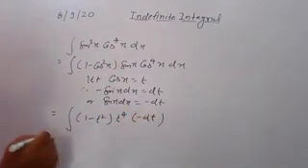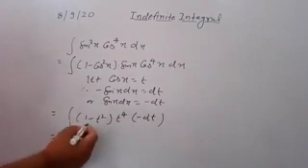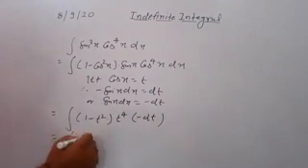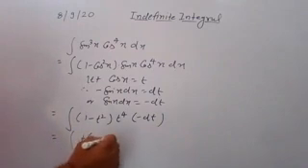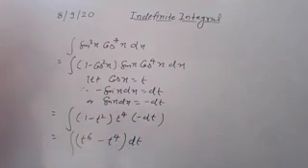Now what you do, here this minus is multiplying within the bracket. So here you have t to the power 6 minus t to the power 4 dt. You can write in this way and integrate it. So if you integrate, what is your result?